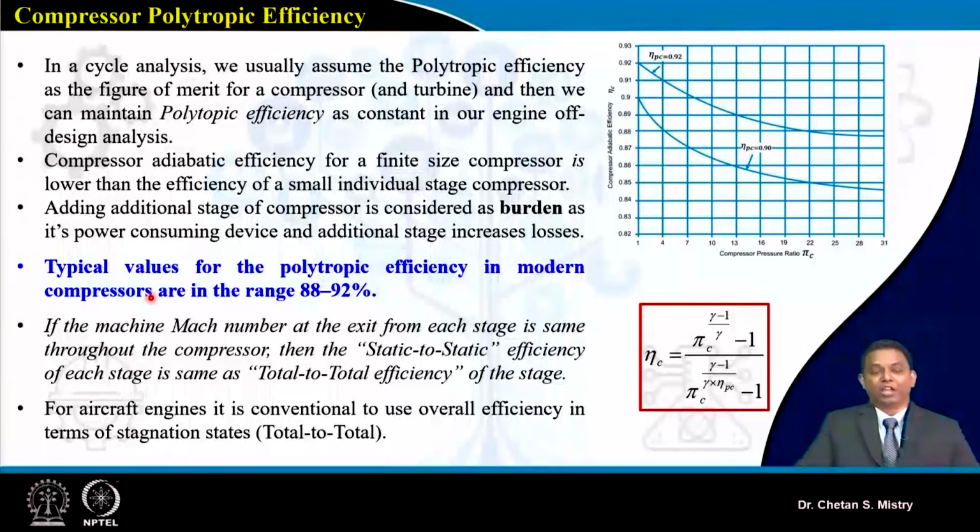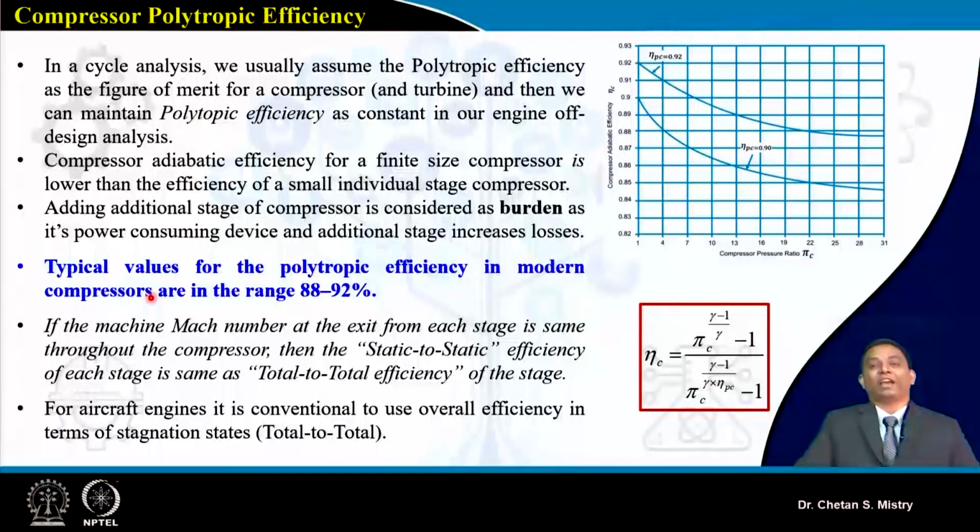So if you add stages to your compressor, you are able to increase your efficiency. Now when I add stages to, say, an axial flow compressor for an engine, that increases the length of the engine.